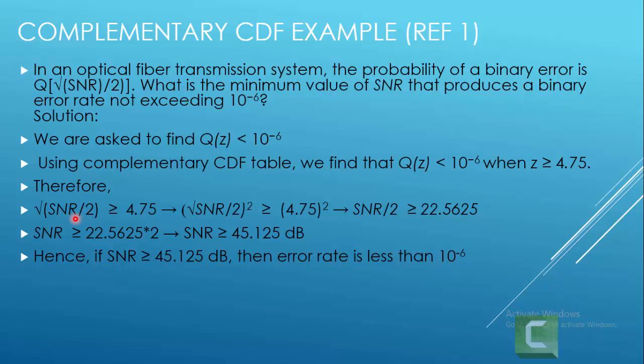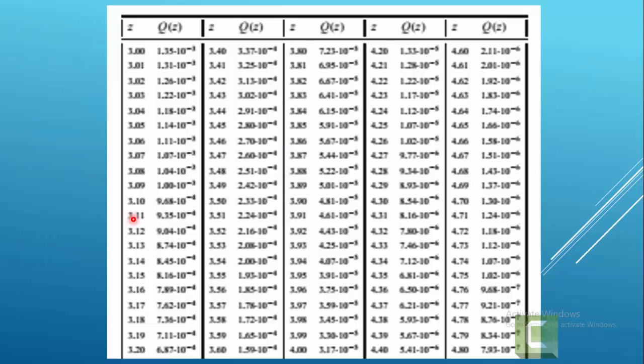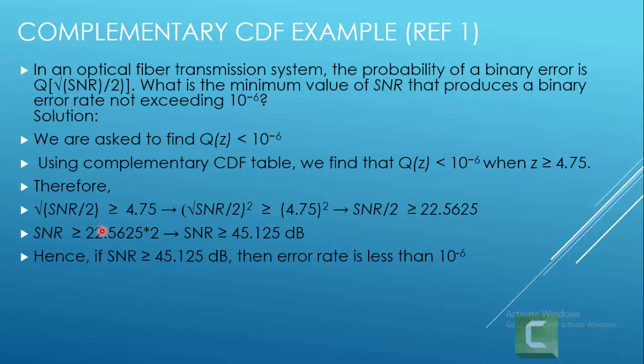Therefore, the square root of SNR divided by 2 must be greater than or equal to 4.75.